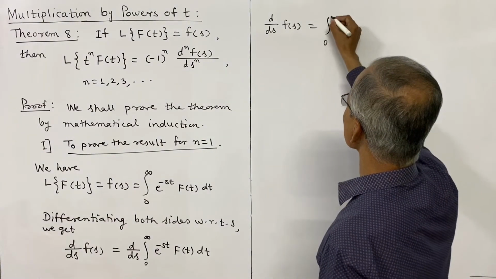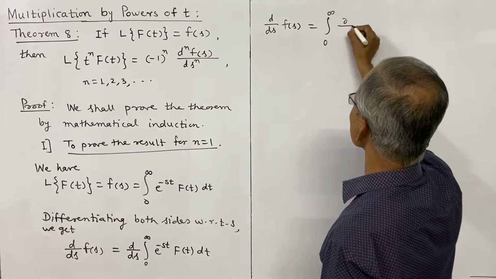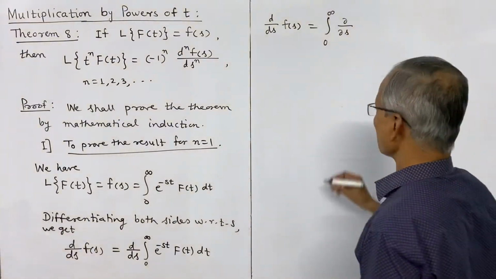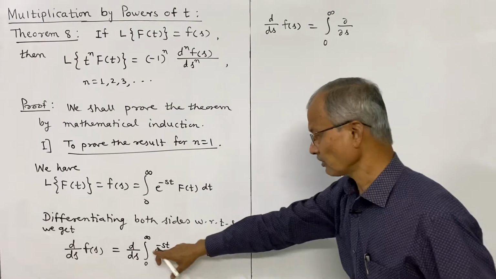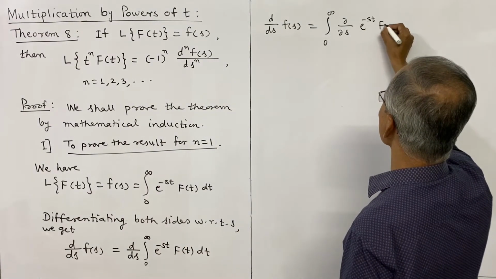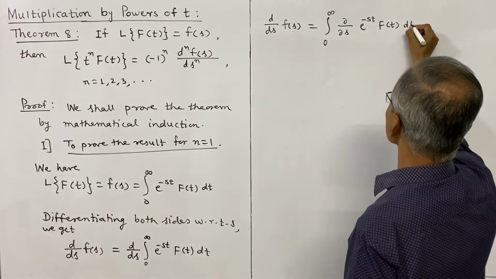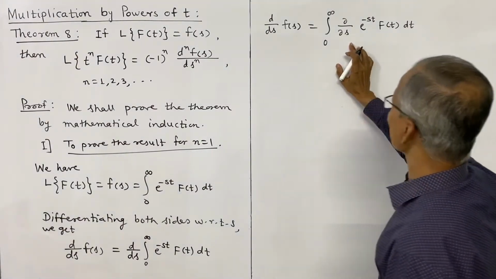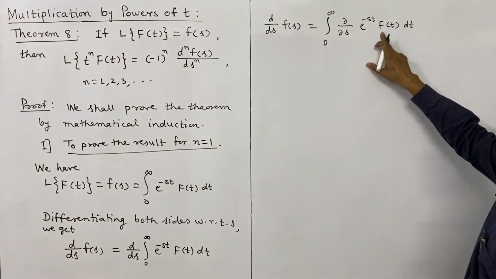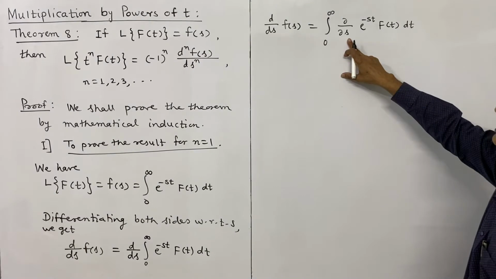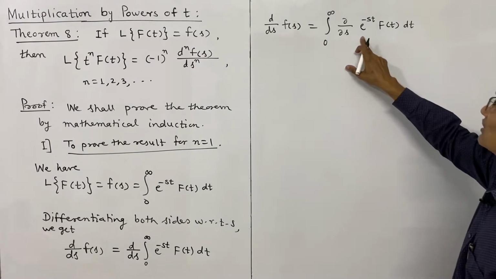This is the integral from 0 to infinity, and the notation of partial derivative, we know, is dou by dou s, of e power minus st into f of t dt. Now what is the partial derivative of this? f of t is a constant with respect to partial differentiation with respect to s, so we only have to differentiate this term.